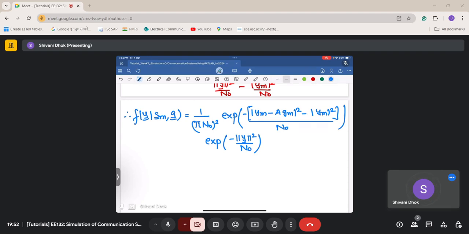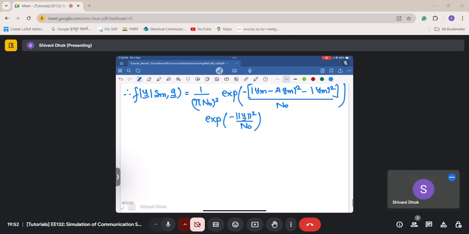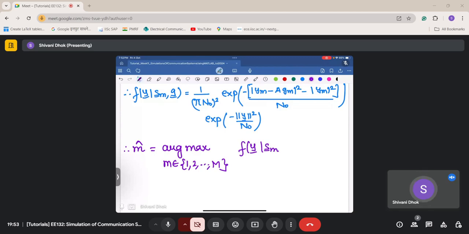Okay, so therefore the decision rule is m hat equal to argmax of m belonging to 1, 2 and so on till capital M, f of y given Sm, g.